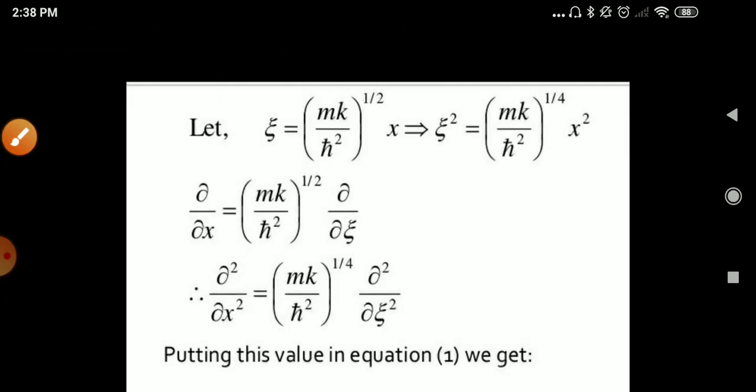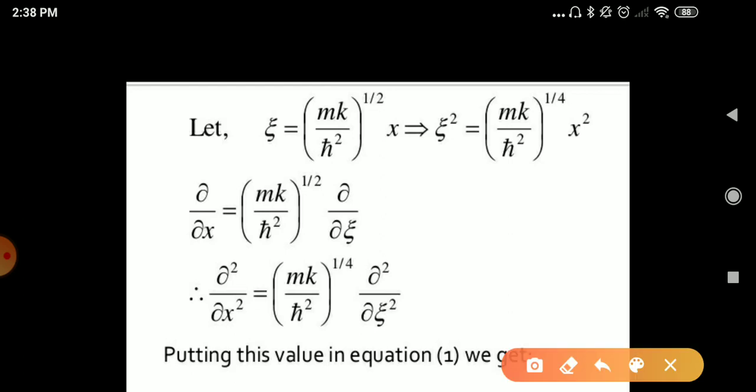Now let us assume that epsilon equals (mk by h square) to the power 1 by 4 times x, and if we square it, epsilon square equals (mk by h square) to the power 1 by 2 times x square. Now del by del x equals (mk by h square) to the power 1 by 4 del by del epsilon.